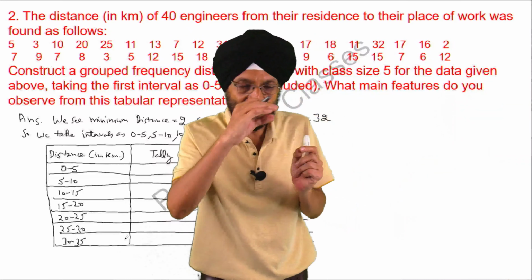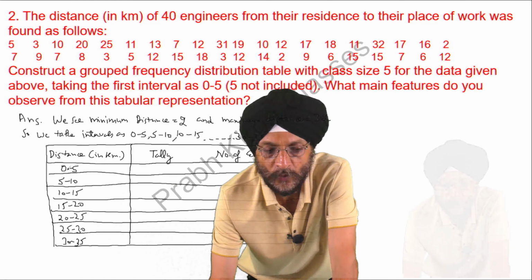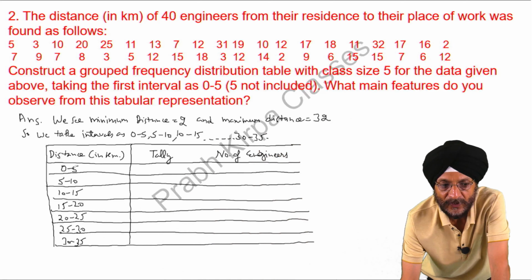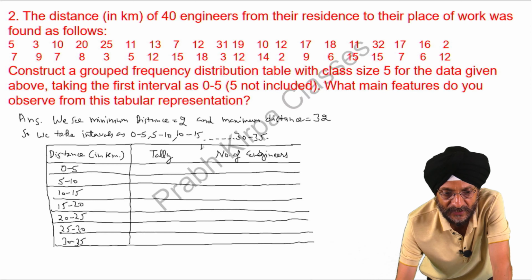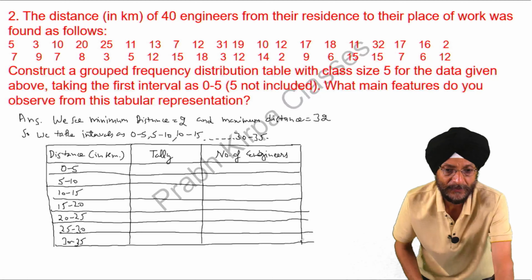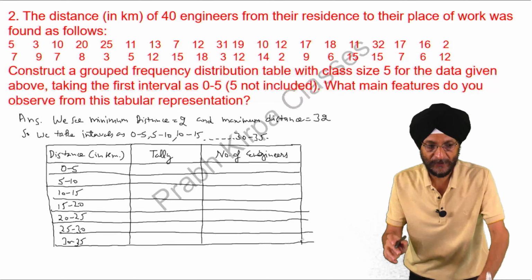We have mentioned them in groups: all the engineers who travel up to 5 kilometers will be mentioned here, and all the engineers who travel from 5 to 10 kilometers will be mentioned in the next group. So here it will be the tally, and this is the outer form of the table.